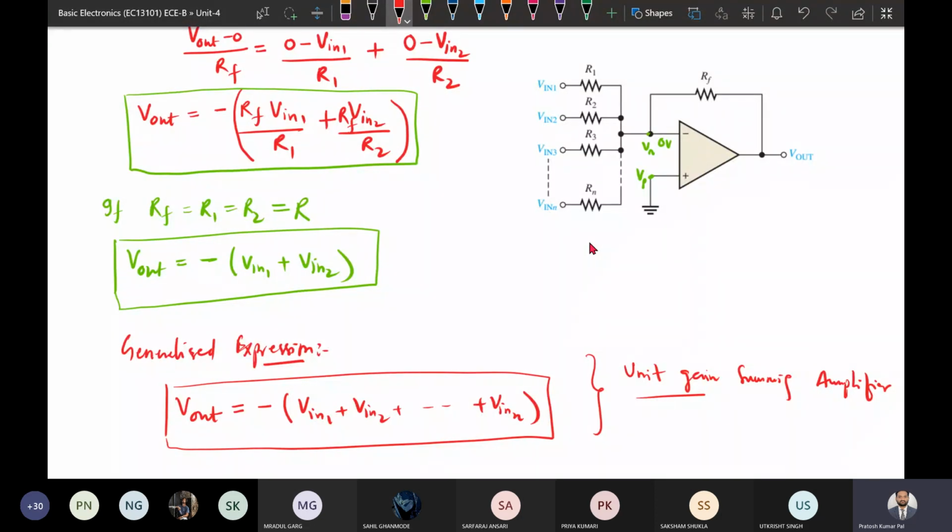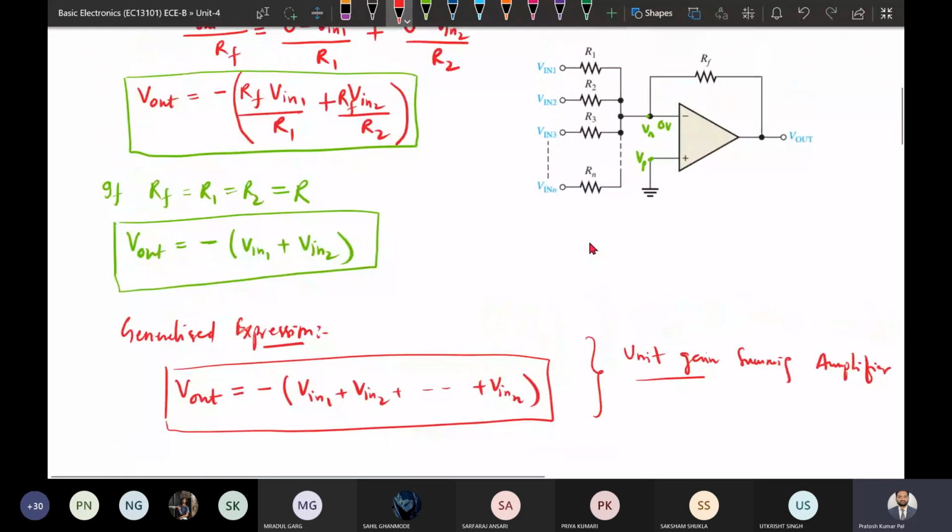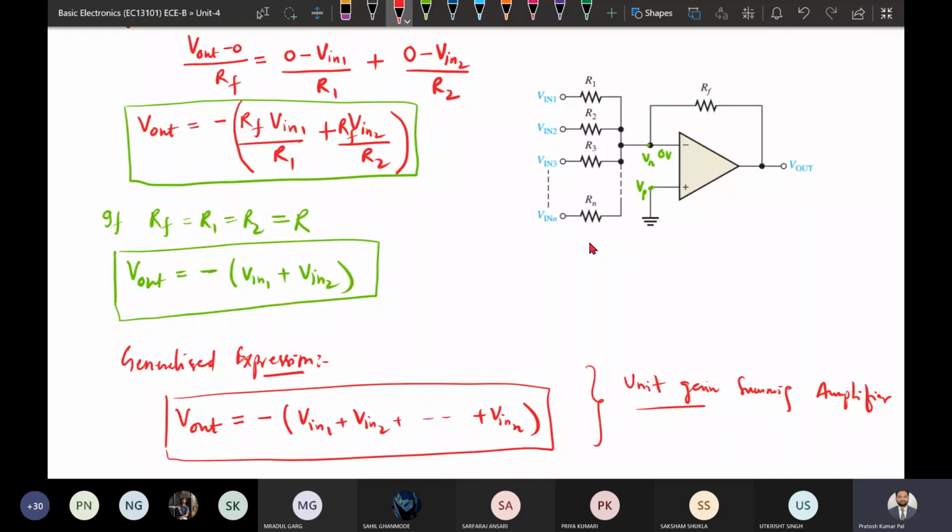That's why unity gain. Suppose we want to have a different gain. If R1, R2 and RF are not equal, then we will be utilizing the concept of a non-unity gain.